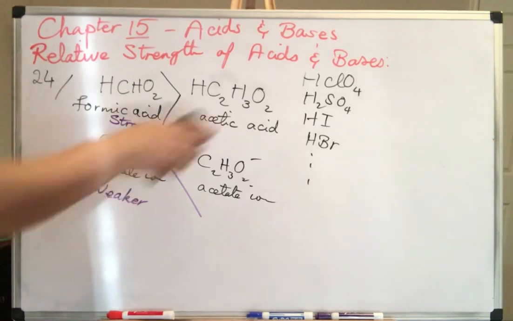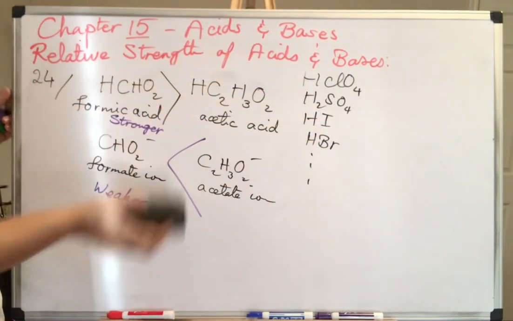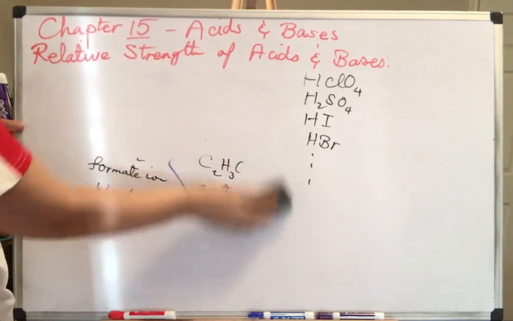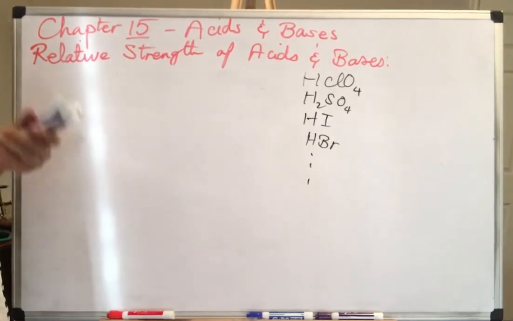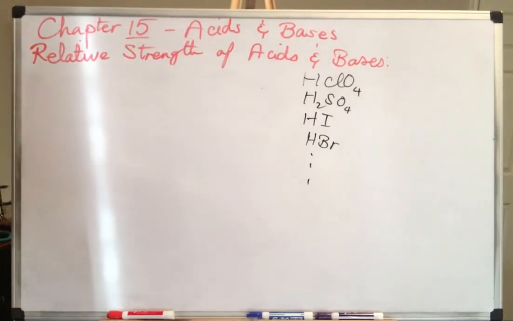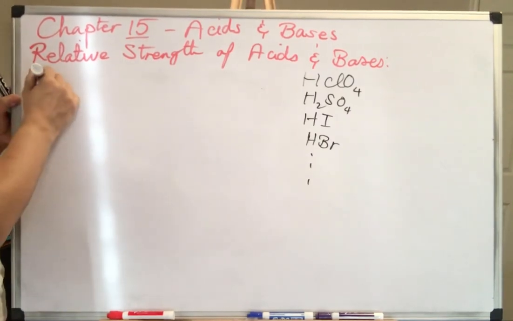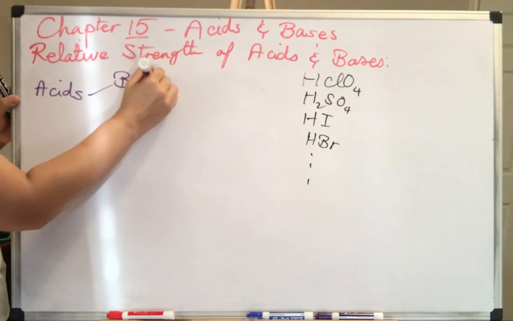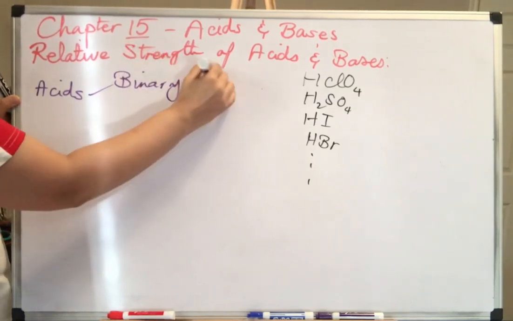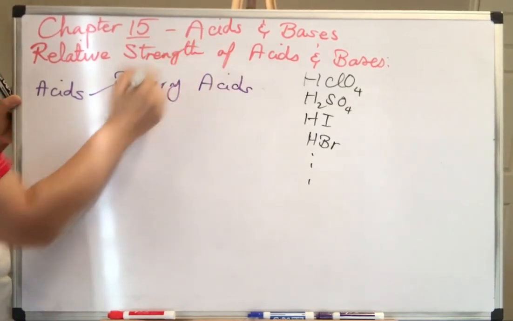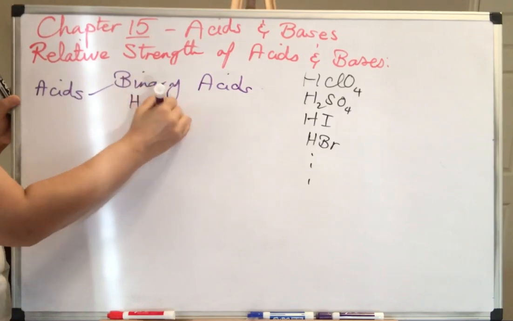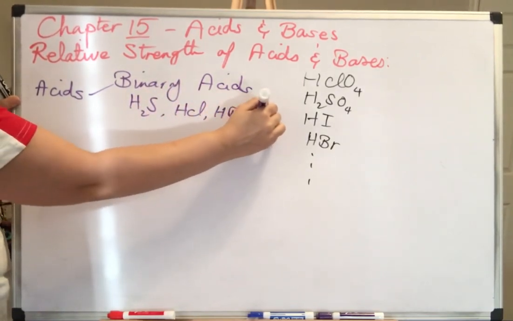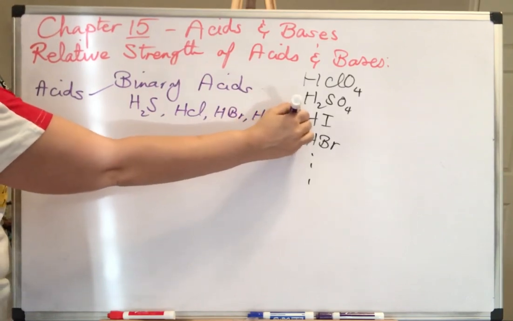Now, going back to answering our question, how do we determine these acids are the strongest acids? Do you remember from Chem 1 that we have two types of acids? Binary acids, like H2S, like HCl, like HBr, like HF, HI, right?